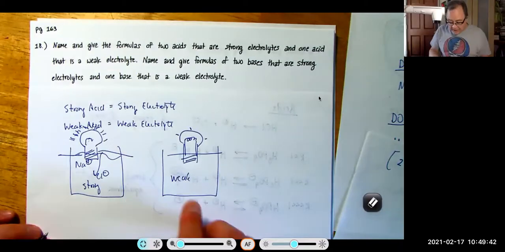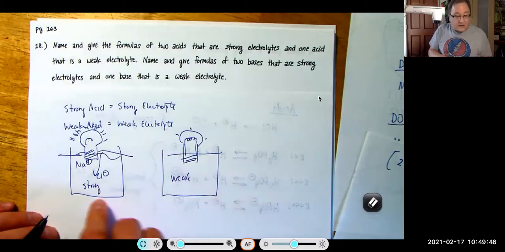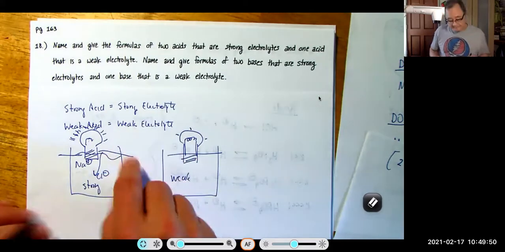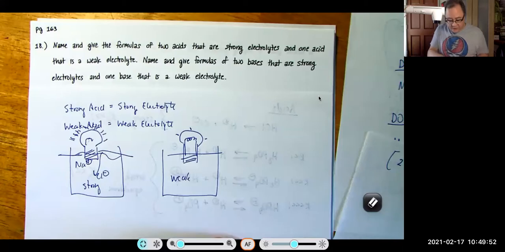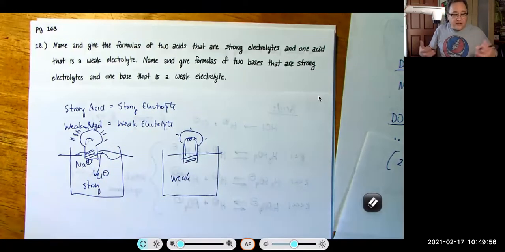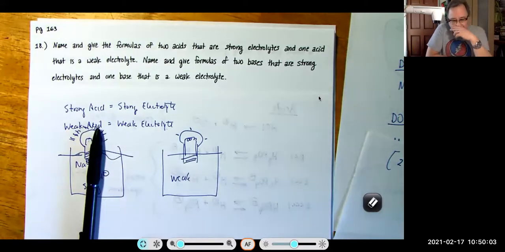So weak electrolytes conduct electricity weakly, and strong electrolytes conduct electricity strongly. And that's the origin of the term strong electrolyte and weak electrolyte: how well it conducts electricity through water. Because water, it turns out, is a really weak electrolyte.